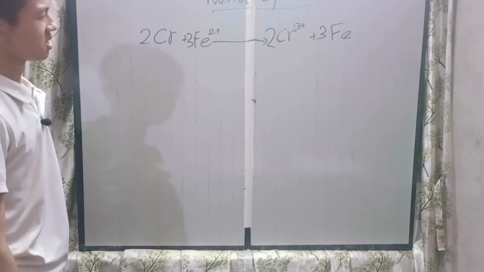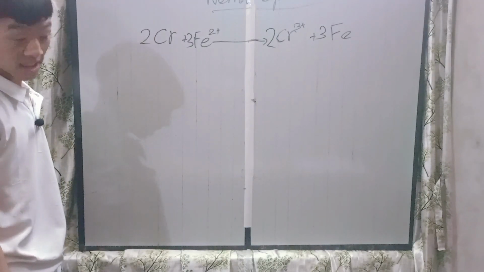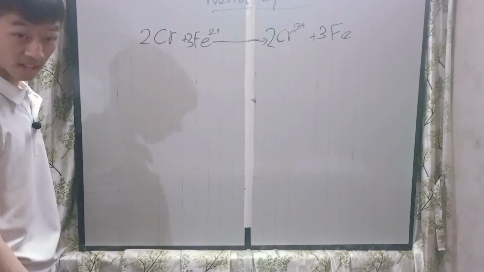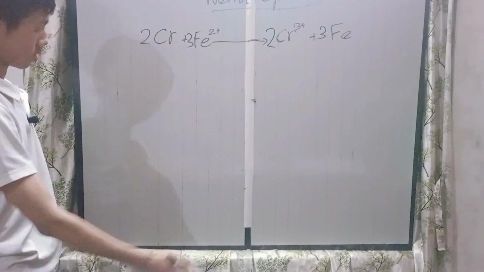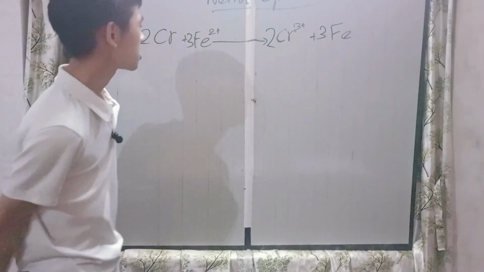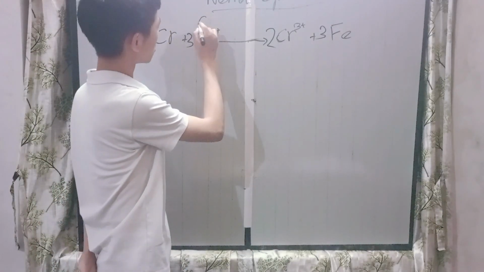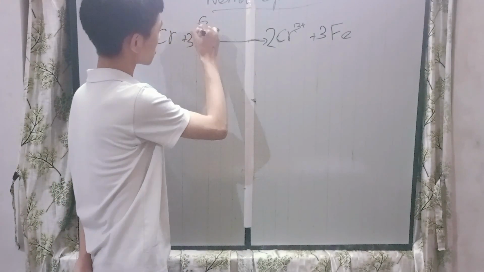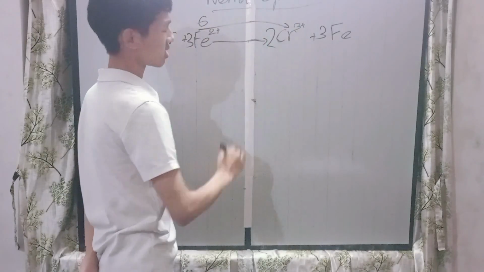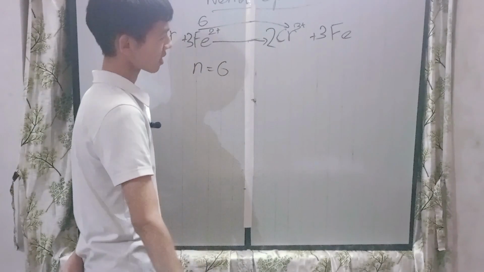Now we can see the total number of electrons transferred and the concentration of moles on both sides. What's the total number of transferred electrons? 6 electrons are transferred here, so n is equal to 6.